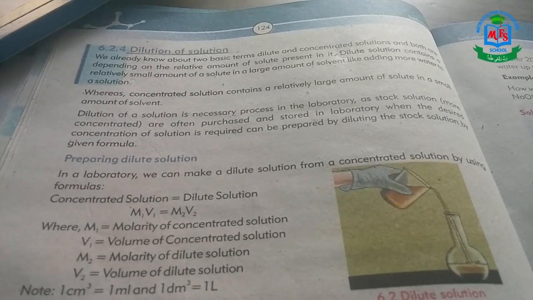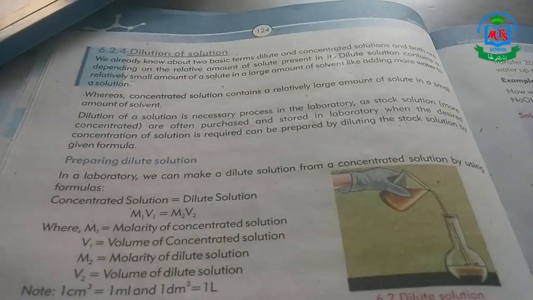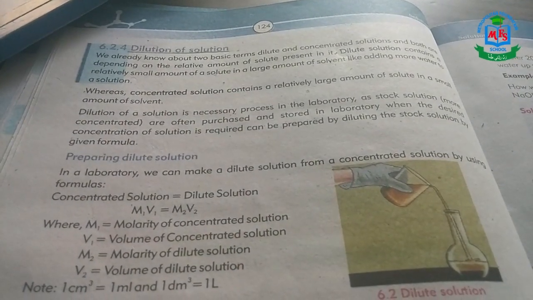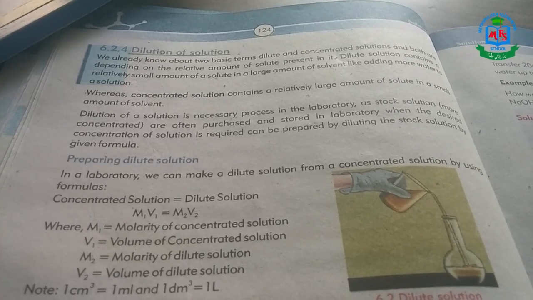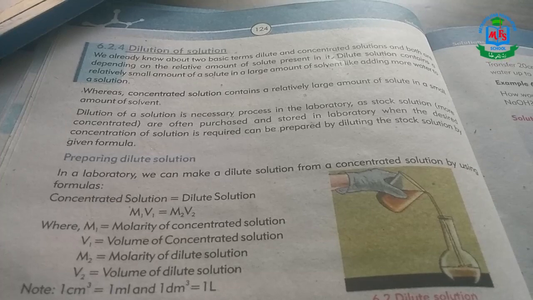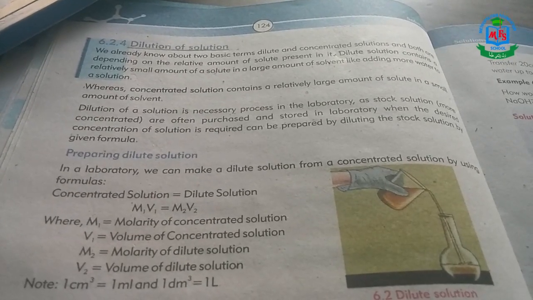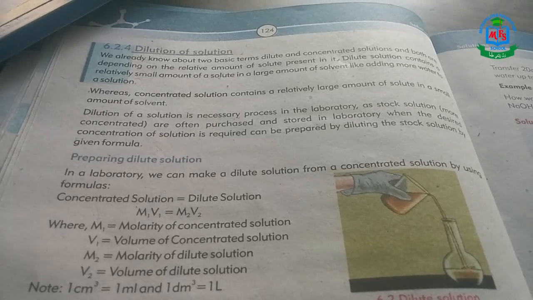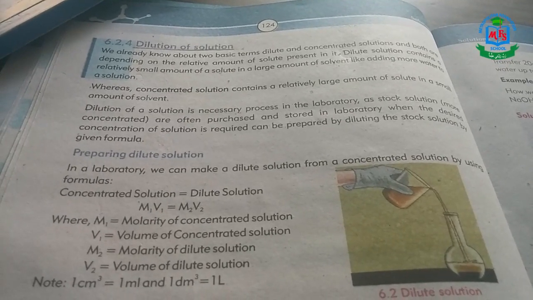It is defined as a solution that contains a relatively large amount of solute present in solvent. If a large amount of solute is present in solvent, such a solution is said to be concentrated solution.